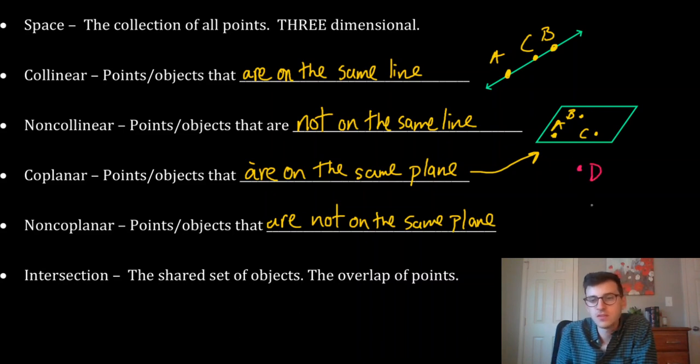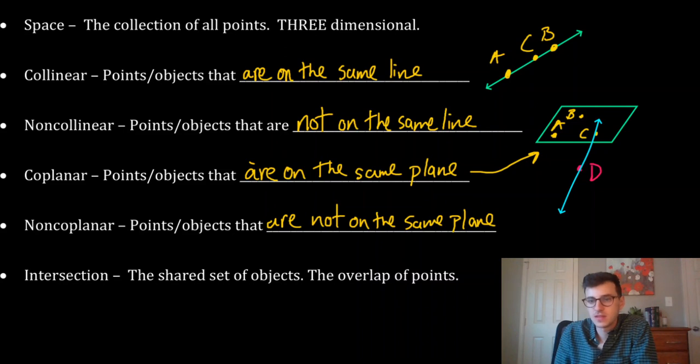Okay, and I could even draw a line connecting D and C. We might have to just scrunch that out a little bit, right? So yeah, it's a line. A line connecting D and C, and it goes through that plane, right?